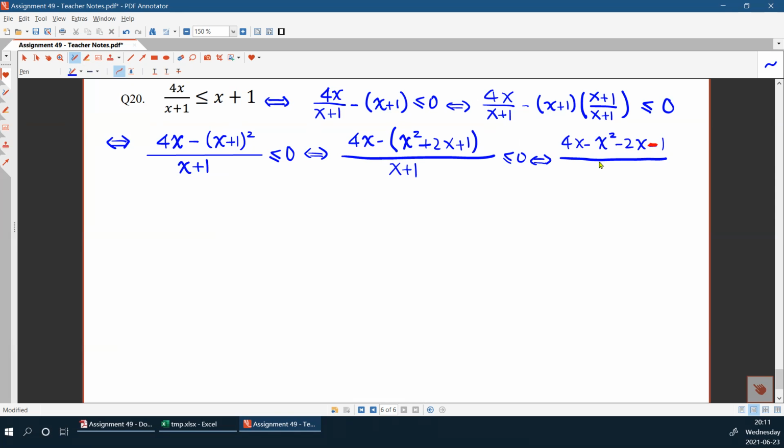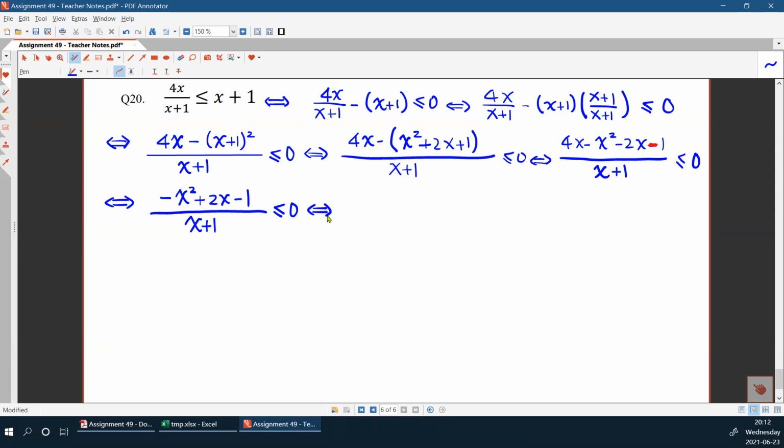Again, please do this slowly if you're not very familiar with this. Over x plus 1 should be smaller than or equal to 0. And this is equivalent to minus x squared plus 2x minus 1 over x plus 1 smaller than or equal to 0, okay?